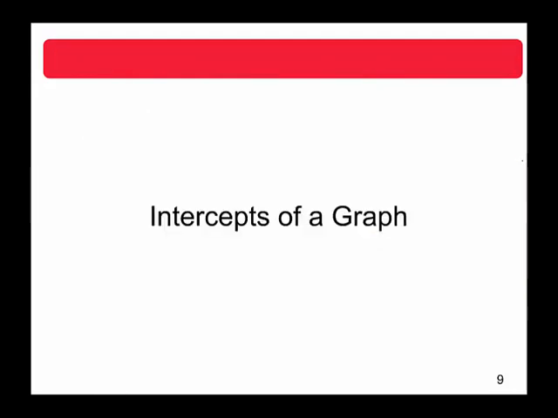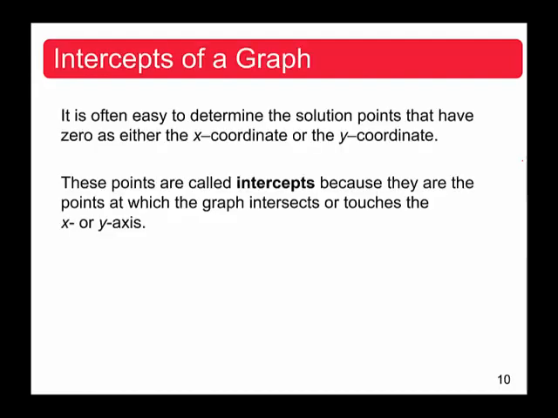Okay. And next topic is intercept of the graph. So it's very easy to determine the solution points of 0 as either the x coordinate or the y coordinate. These points are called intercepts. So intercept is when the graph of the equation meets with the x-axis or y-axis.